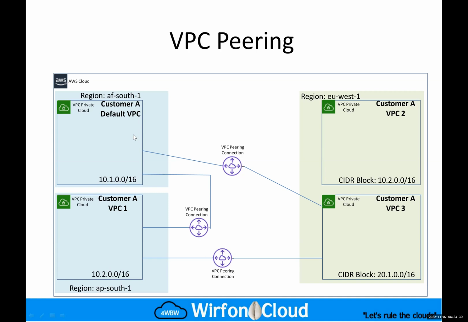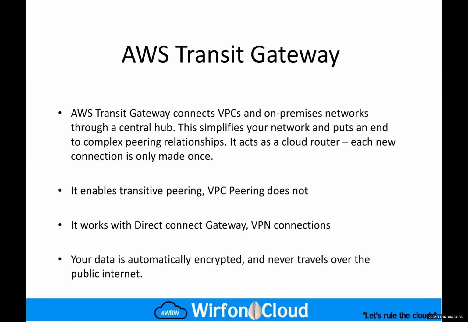So we'll also see a solution to this problem. If you have several VPCs, you have what is called a transit gateway. AWS Transit Gateway allows you to create a central hub for your networks. It even allows you to connect not just VPCs in the AWS cloud, but also networks in your on-premise location or on-premise data centers.